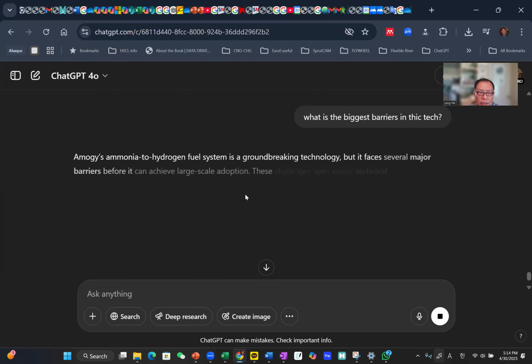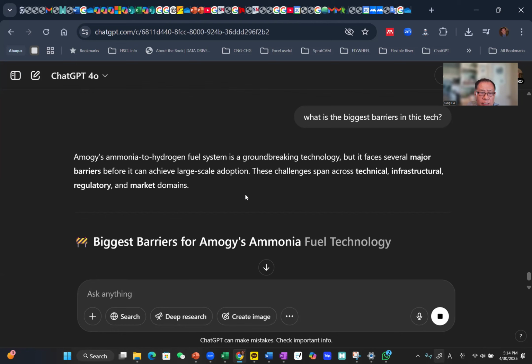What are the biggest barriers in this technology? It faces several major barriers before it can achieve large-scale adoption. As said, it is a really groundbreaking technology. These challenges span several areas. The biggest barrier: ammonia cracking efficiency.